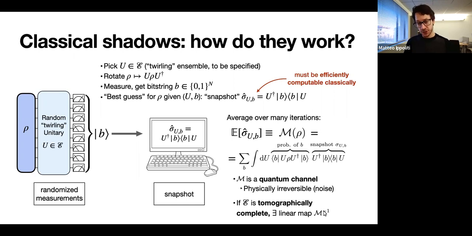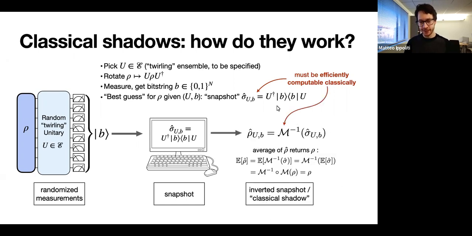But as long as you're doing something sufficiently generic, this is going to have this mathematical inverse. Okay. So the idea is let's take these snapshots and run them, again in classical post-processing, through this inverted channel. And doing this forms these objects that I'm going to call the inverted snapshots, rho hat, that are essentially the classical shadows of rho.